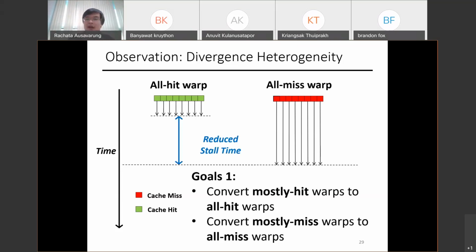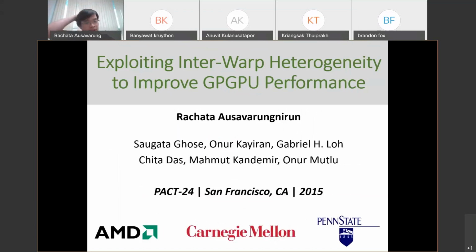So in all, basically this allows you to get your data back quickly and finally take advantage of the cache. So this is the work done in collaboration with AMD Research, and this is done when I was at CMU, along with folks at Penn State as well. It's published in PACT 2024.